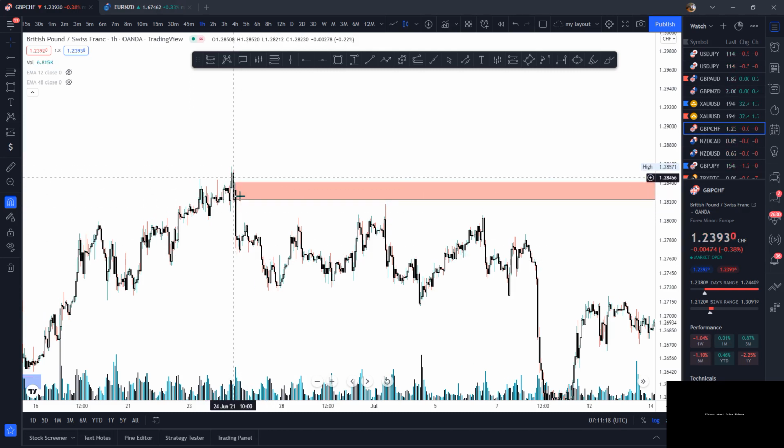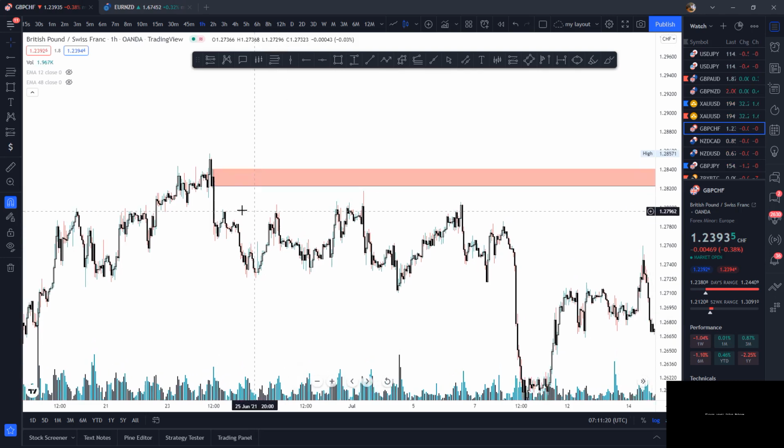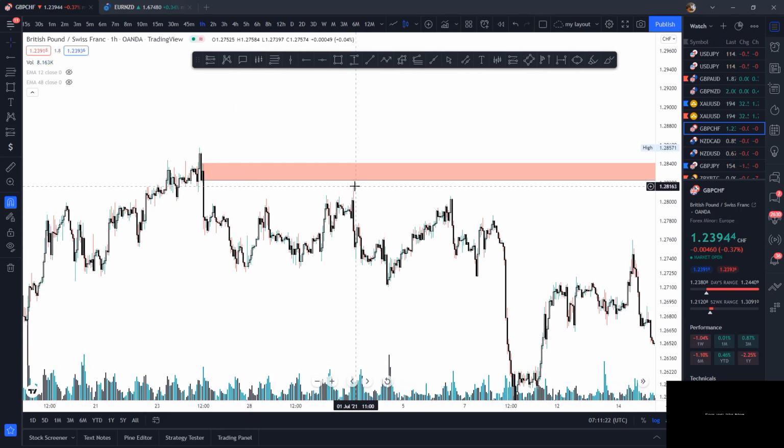we have a drop, and there's a significant drop from here. Price has failed to reach this particular zone.